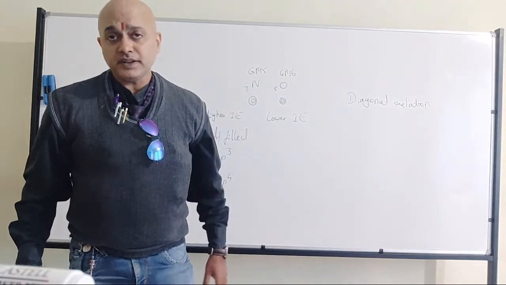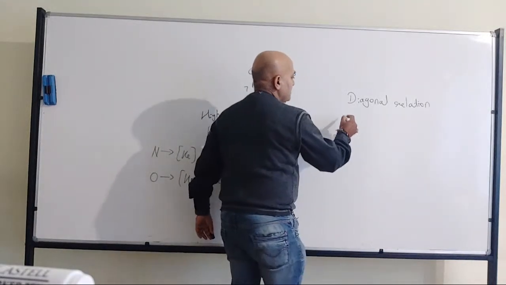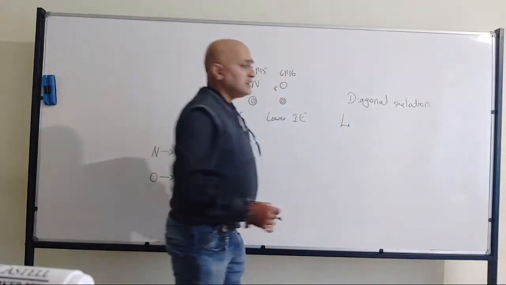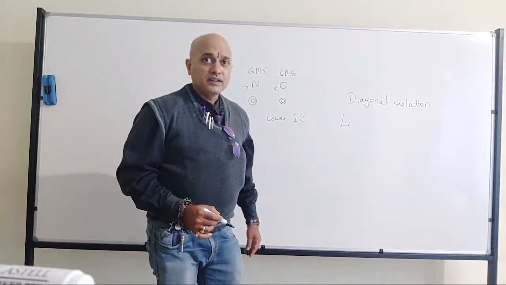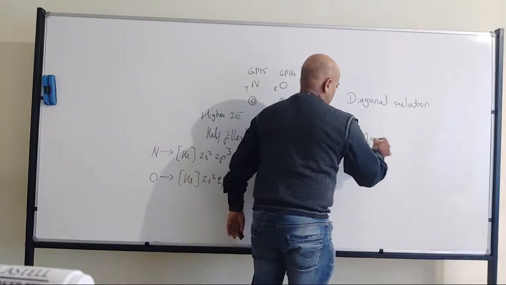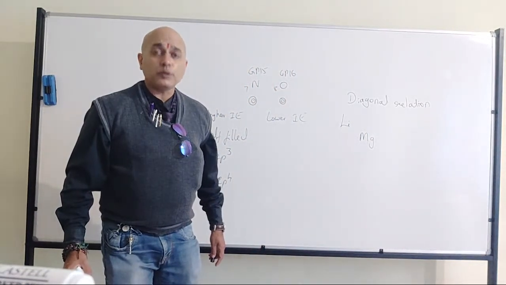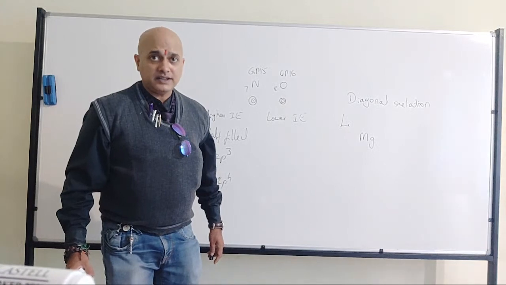Explain with example. In that case, I can tell that I have lithium as an alkali metal, right? It will have similar properties to that of magnesium, which is the second element of the second group, alkaline earth metal, right?